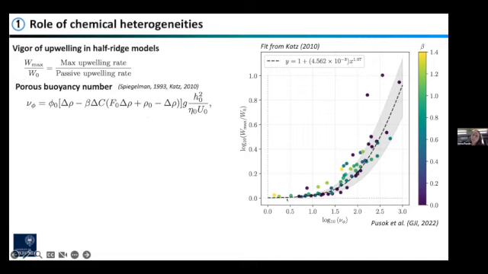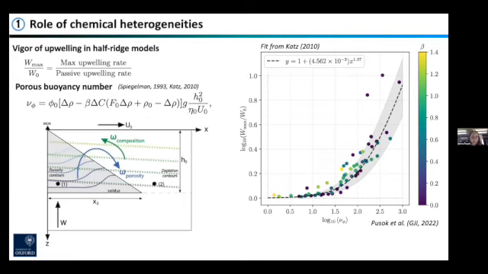It's very interesting to see that both results, both the fit from CAS 2010 and the results of my simulations, fall on the same trend, which is very impressive because these are two different models, with different components and different choices of numerical methods, but this scaling shows that we capture the physics of the system. And the physics of the system is quite interesting and not what we expected, actually.